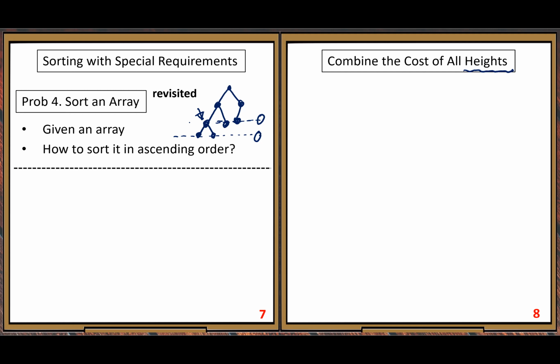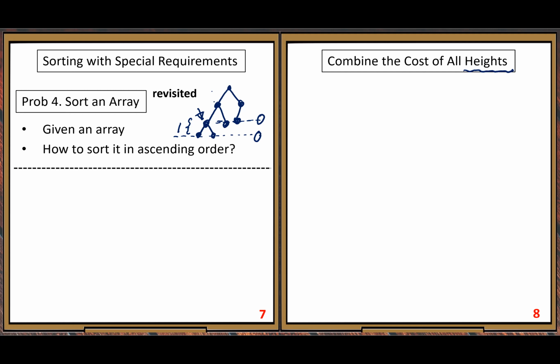Then for height 1, when we start from this node and move toward the bottom, the number of edges is 1. We count the number of edges from the current node to the bottom level, and that's the height number.